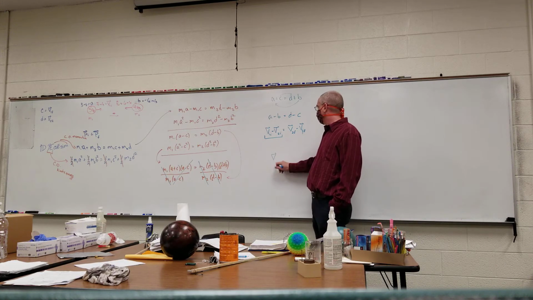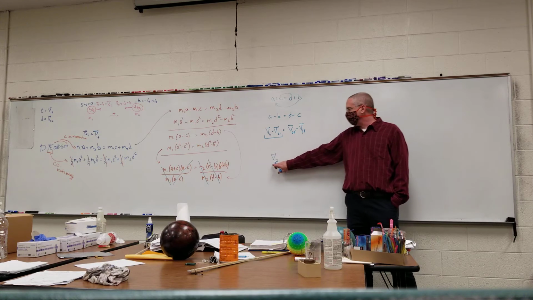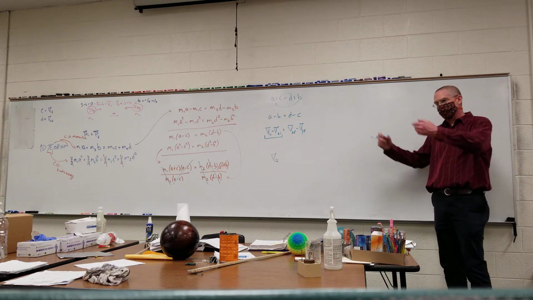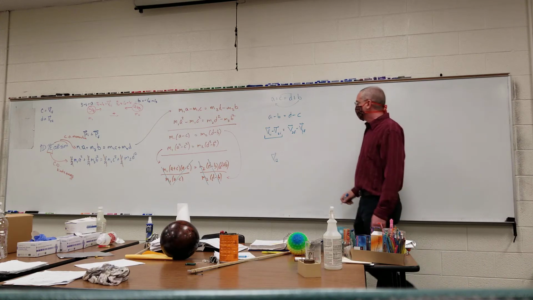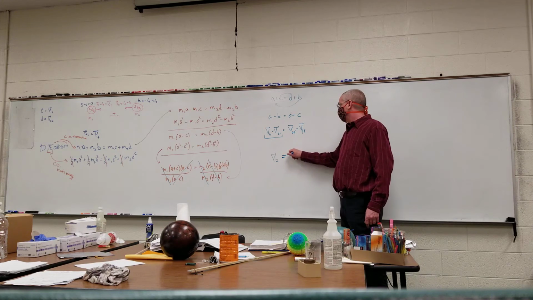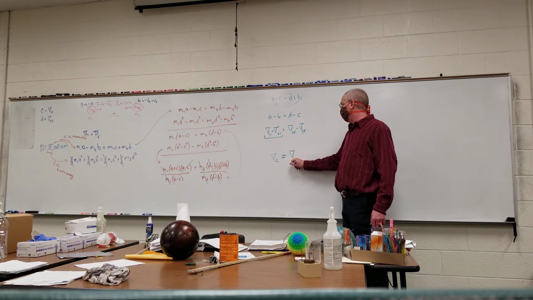Actually, I want V1 to 2, the velocity of mass 1 with respect to mass 2. In other words, if you're sitting in mass 2, how fast does it look like mass 1's coming at you? By just property of vectors, that would be the velocity of 1 with respect to the lab.